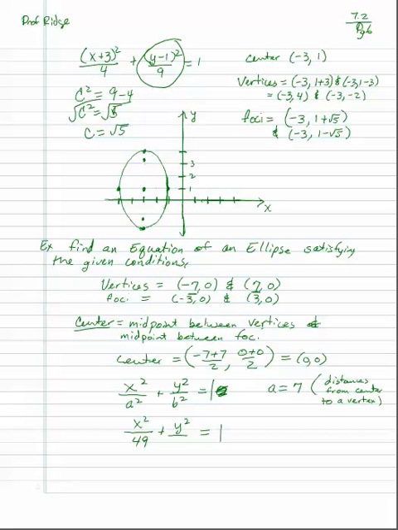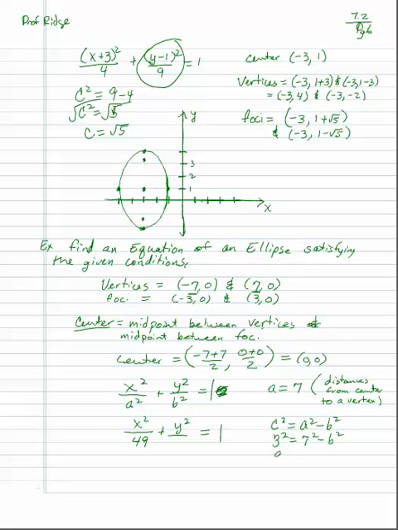So now we've got to figure out what B is, and they don't give us B, but they give us C, and we know A. We know that C squared is A squared minus B squared. So C squared is 3 squared, A squared, 7 squared, minus B squared.